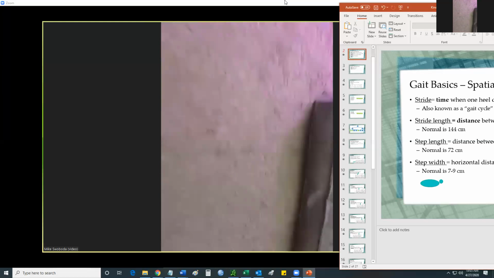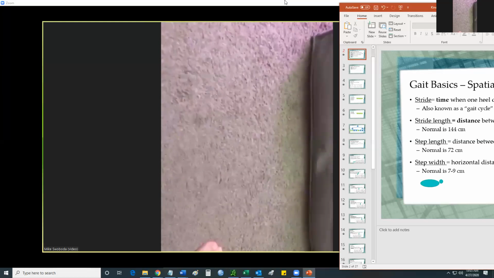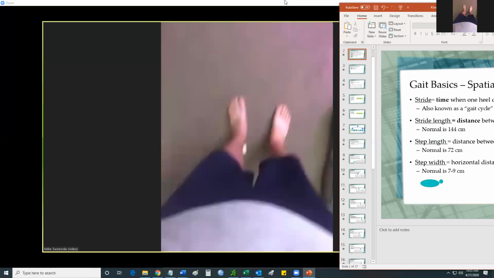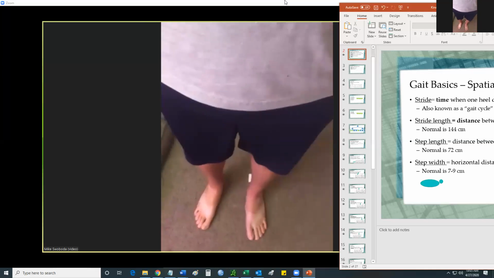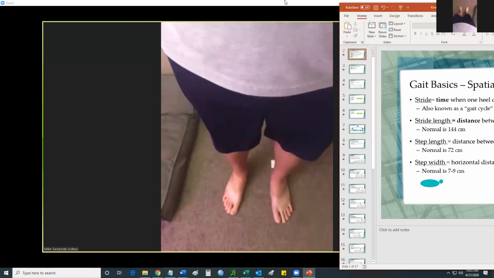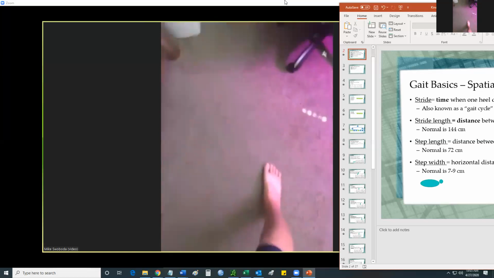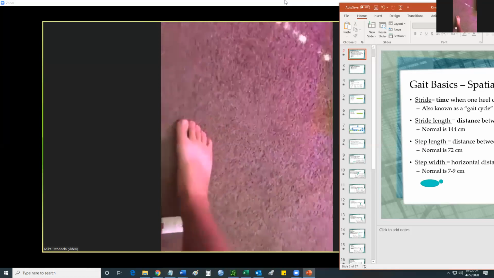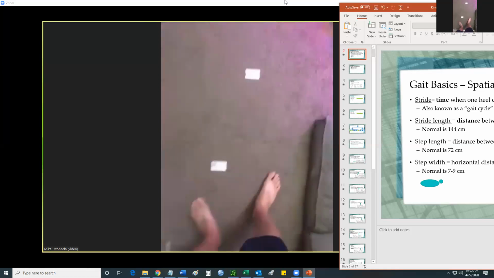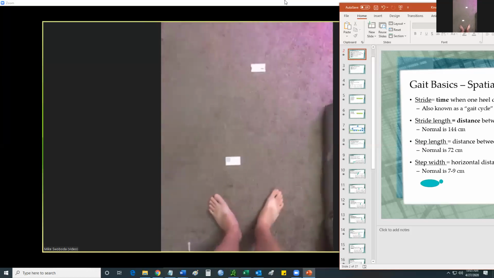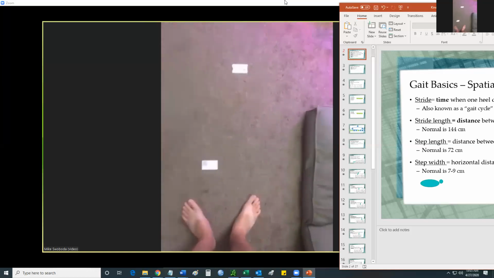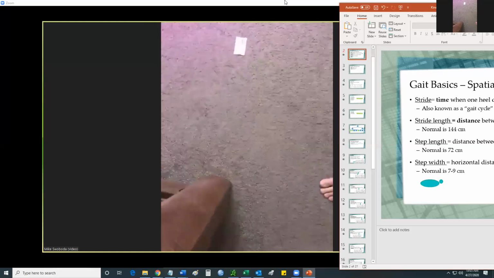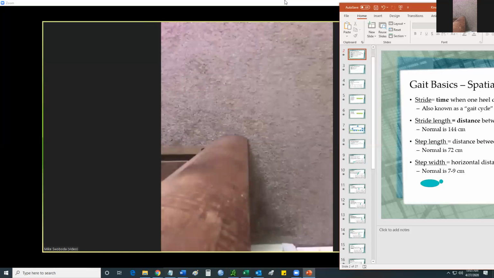I'm going to start out by having my left foot marked there. So my left foot is marked. And then I'm going to take a full step out, what I would consider a full step for myself. And I'm going to mark that right there. And that would be my step length. To then measure that, let's see if I can keep this so you can see everything.